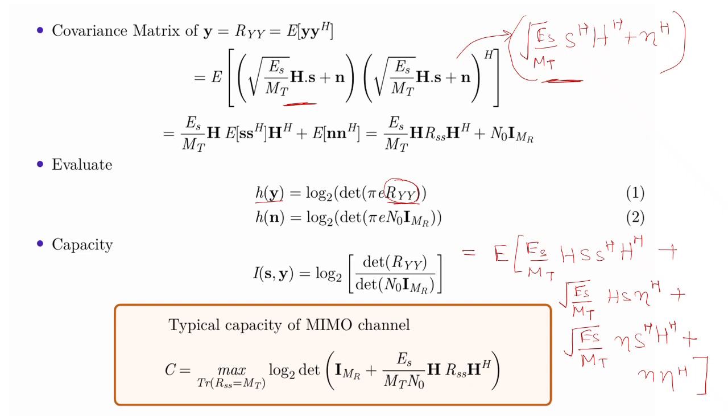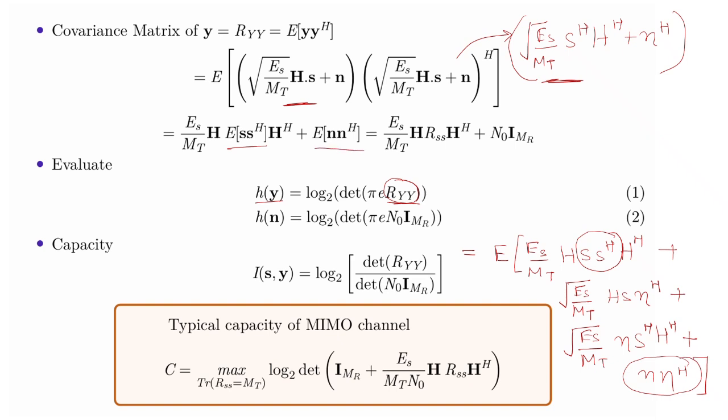So you will get Es by Mt H, since we have S S Hermitian, expectation of S S Hermitian, written down here. Then we have expectation of N N Hermitian, which is written down here.